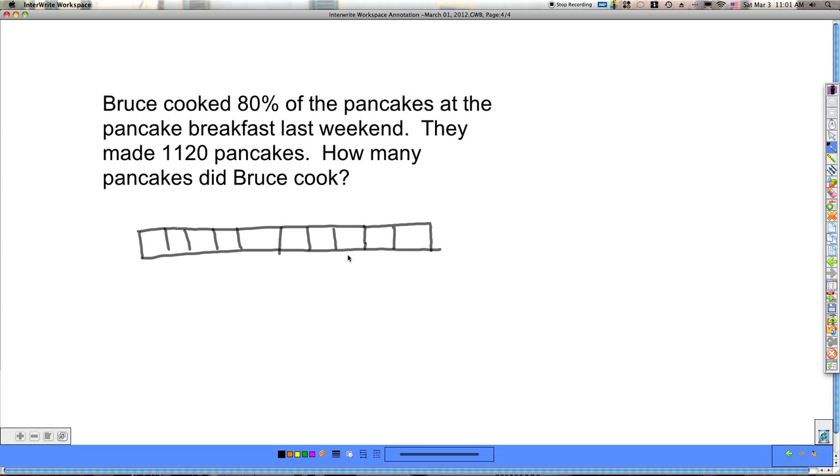All right, let's see what's going on here. Bruce is cooking some pancakes. He cooked 80% of them, so it looks to me like the total pancakes will be the whole bar.